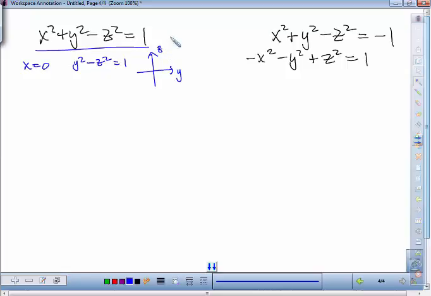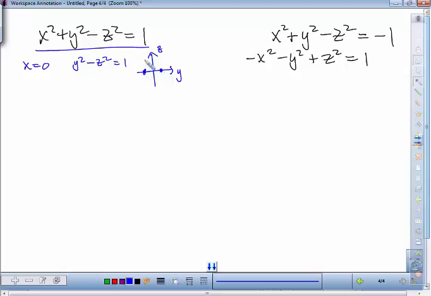I know I didn't spend too much time on this, but it's a hyperbola. The way I would check which way it's opening is that if y was equal to 0, then I have a negative number equal to a positive 1. So y is equal to 0, that's the z-axis, is not going to exist. But if z was equal to 0, I have y is equal to positive and negative 1.